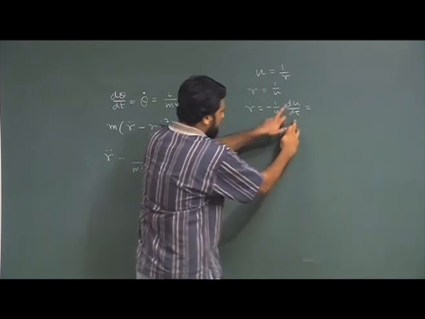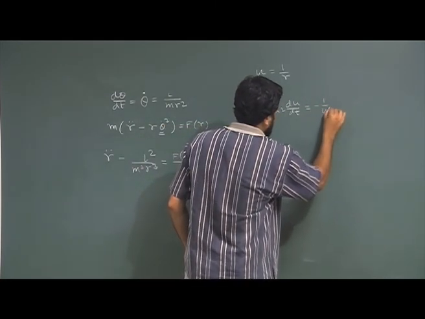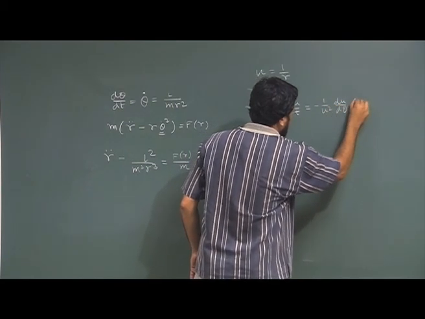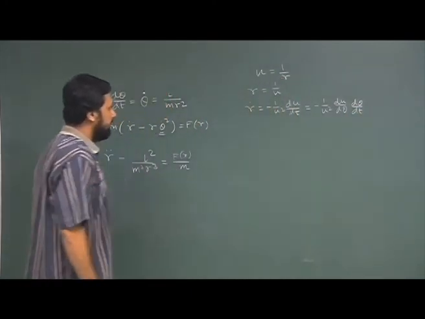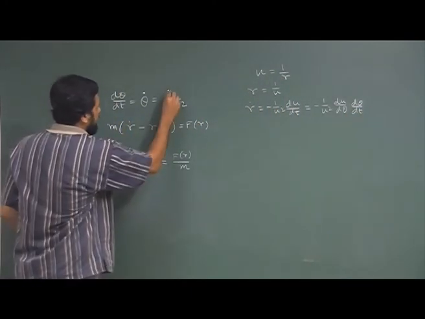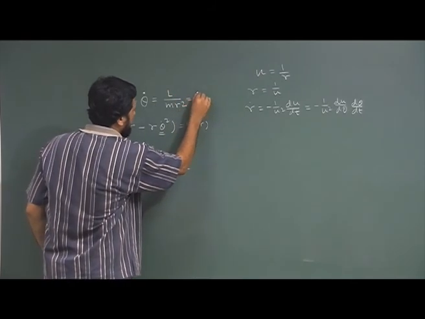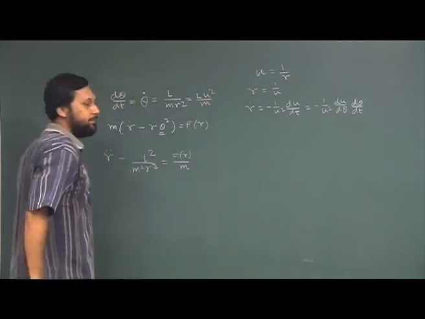We can do a mathematical manipulation on this and write minus 1 by u square du d theta times d theta dt, which is theta dot again, and theta dot, which is L by m r square, will be L u square by m, right.